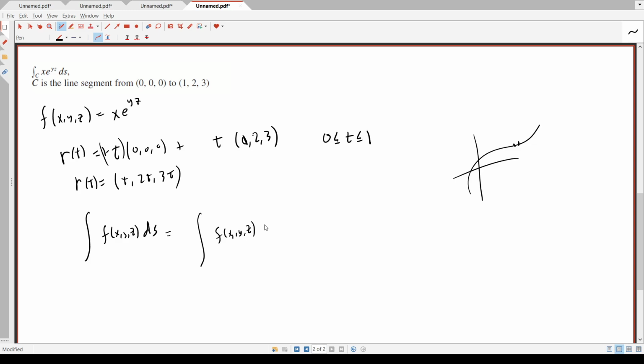So what is ds? That's ds dt times dt. And ds dt is equal to the norm of r prime of t. And I'm going to be integrating this from 0 to 1. And actually now I don't want to evaluate this at f of x, y, z. This is going to be evaluated at r of t.